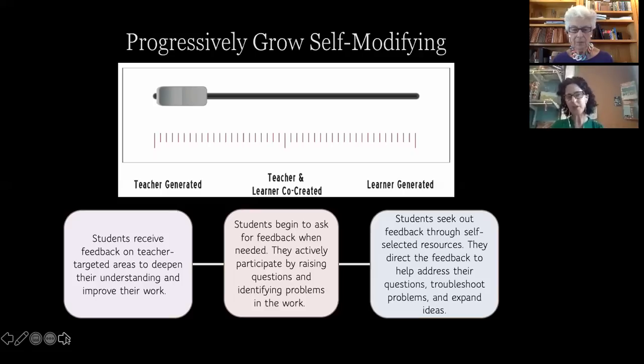So as you're starting to think about this and take a look at it, students begin to have an increasing role in their level of ownership and action when they need it. For example, if you're looking at the co-created idea, students begin to ask for on-demand feedback.